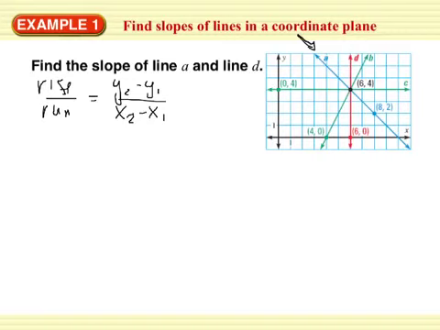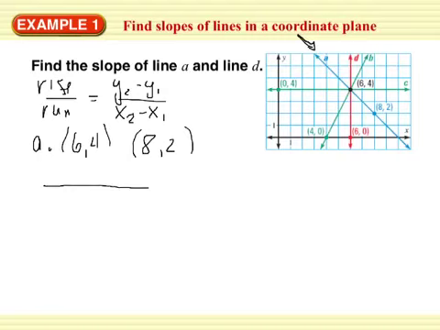So let's find our points. For A, my points are 6, 4, and 8, 2. It does not matter which is your first point and which is your second point. You just need to be consistent when you're subtracting them.